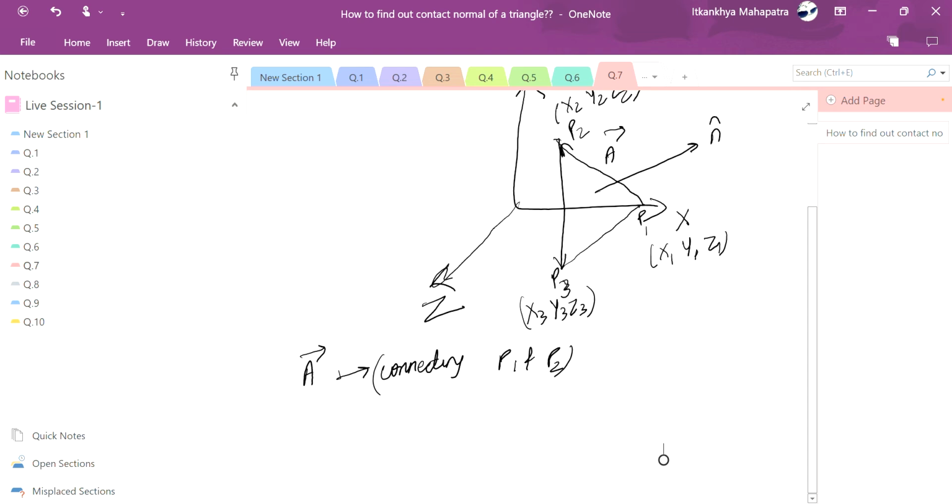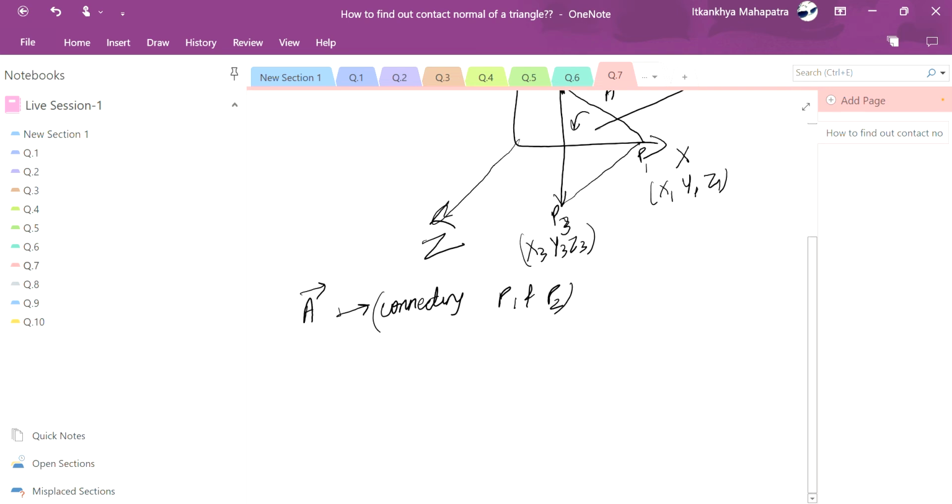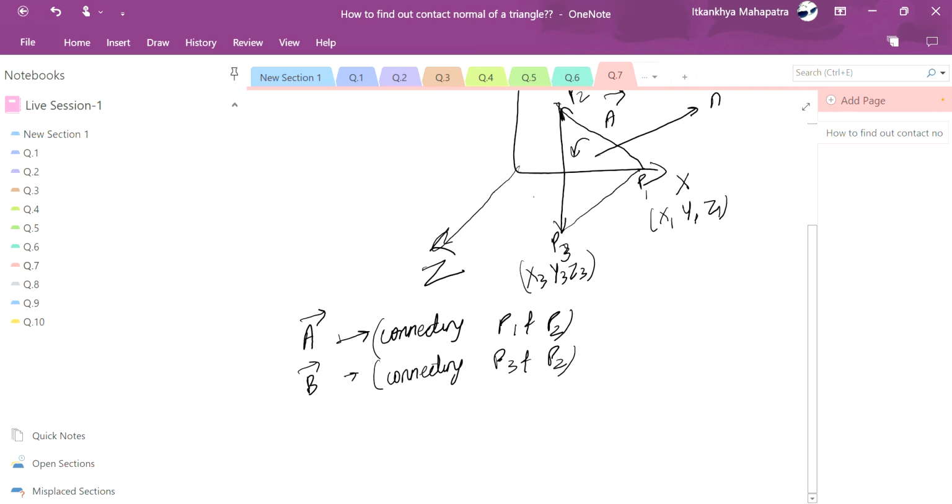And here we will consider it as counterclockwise. So A vector will be connecting P1 and P2. B vector will be connecting P3 and P2.